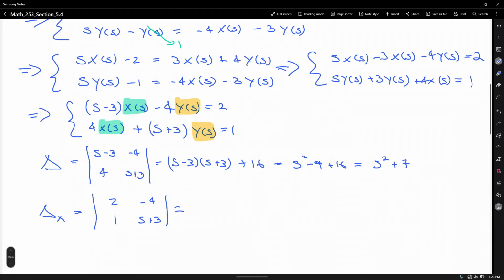Evaluate the determinant. 2 times s plus 3, minus minus is actually plus 4 times 1, which is 4. That is 2s plus 6 plus 4, which is 2s plus 10.